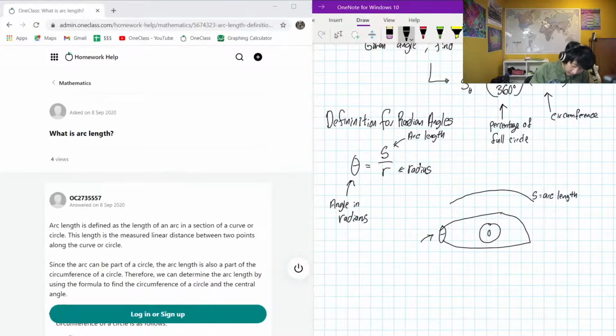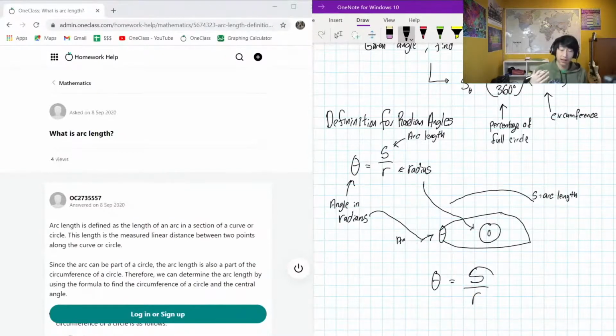This tear duct, kind of like the theta symbol, angle in radians, is going to be there. And the circle in the pupil of the eye is going to be the radius. I like to think about an eye because just from the eye you can see that this is equal to eyebrow, which is S, over circle, which corresponds to R. That's how I remember it: I just think of an eye and this tear duct.